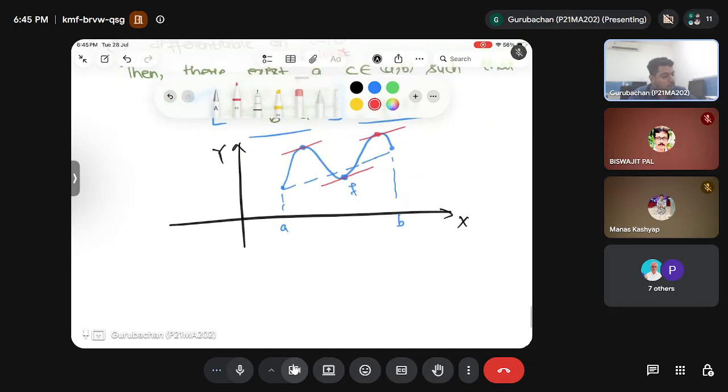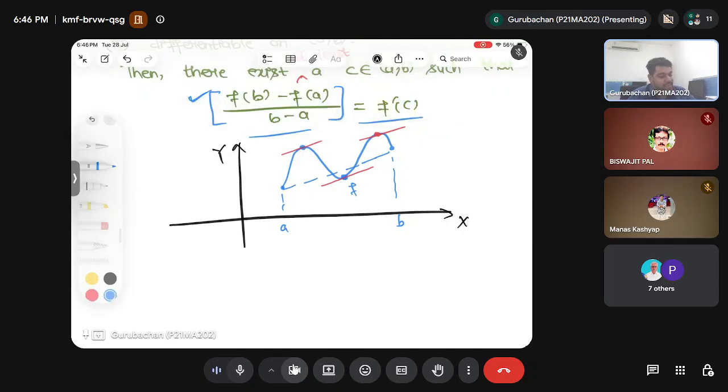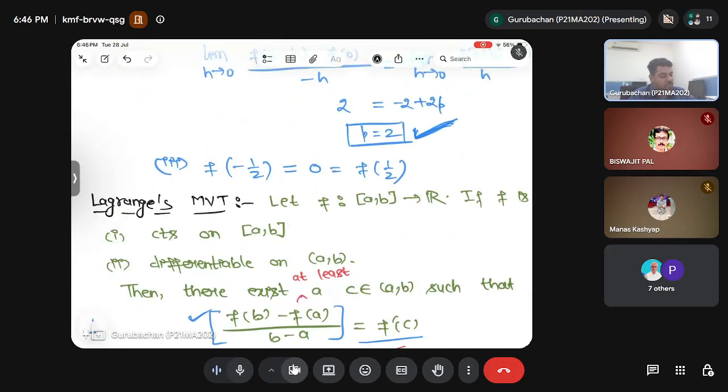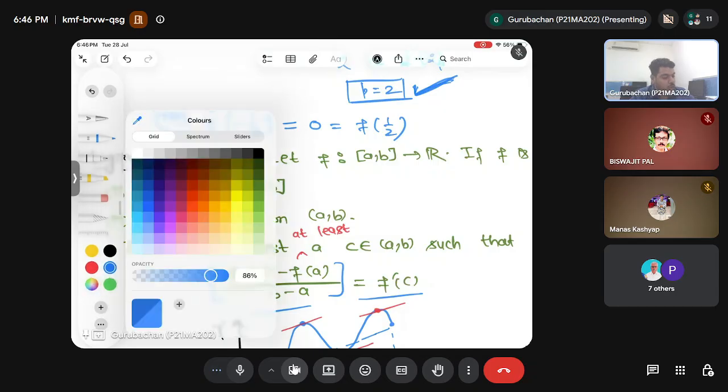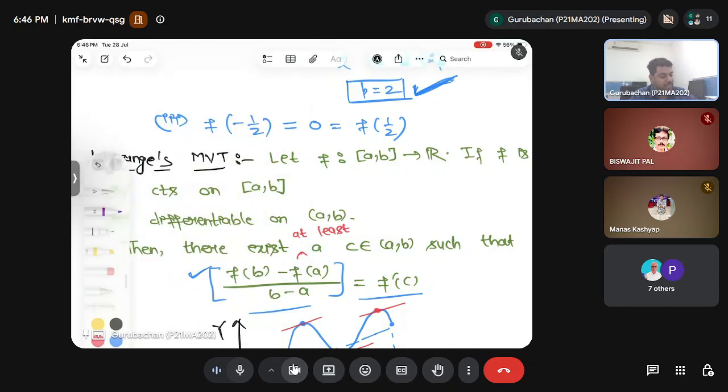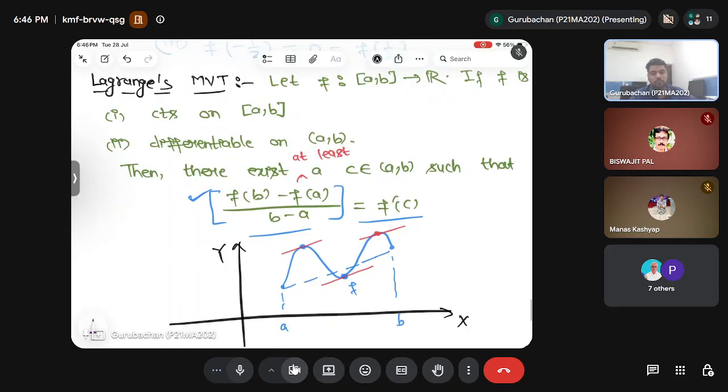And if you notice, this Lagrange mean value theorem is the generalization of Rolle's theorem. Can anybody tell me how it is a generalization of Rolle's theorem?